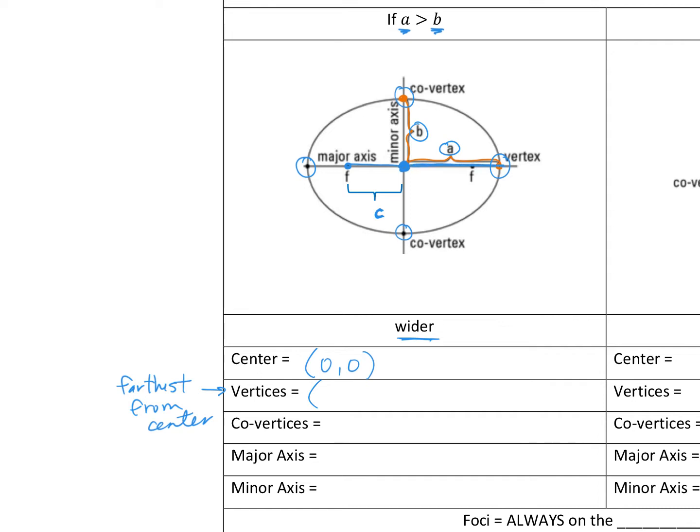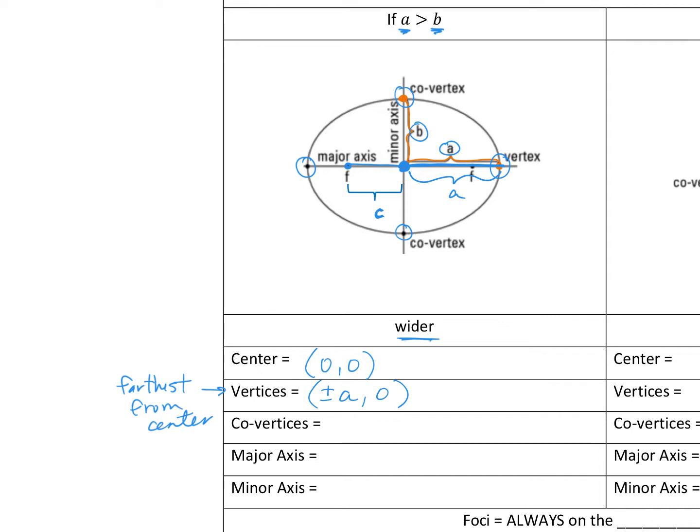This right here is a length of A. So plus or minus A units, and 0 are going to be your vertices. Negative A, 0, positive A, 0. So that's 2 points, right? If you want to write it as 2 separate points, you totally can: A, 0 and negative A, 0. I just like the plus or minus there.